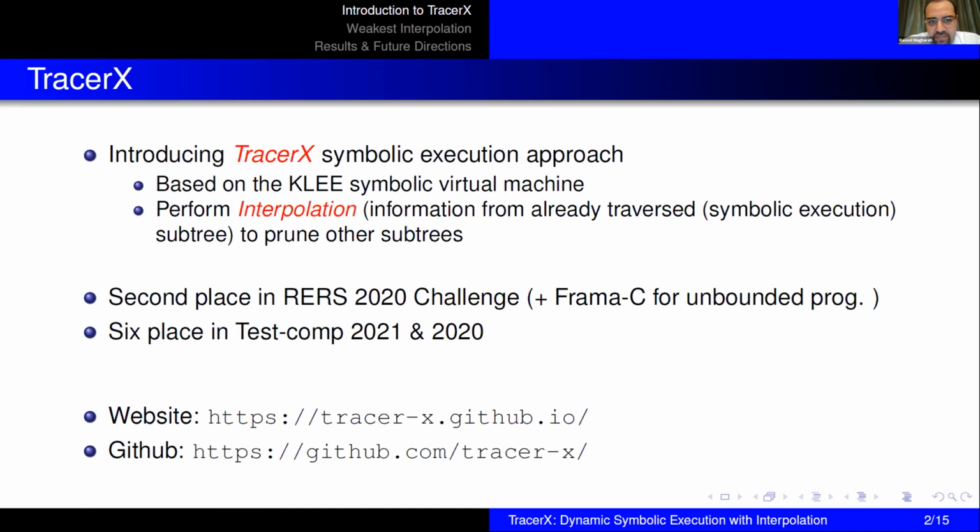TracerX got second place in the RERS 2020 challenge. From C, we were using both tools, and it got sixth place in Test-Comp 2020 and 2021. And this is our website and GitHub repository address.